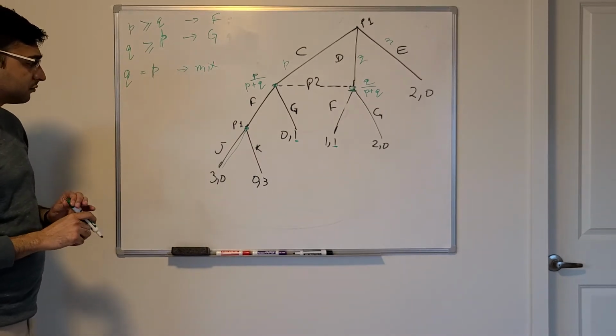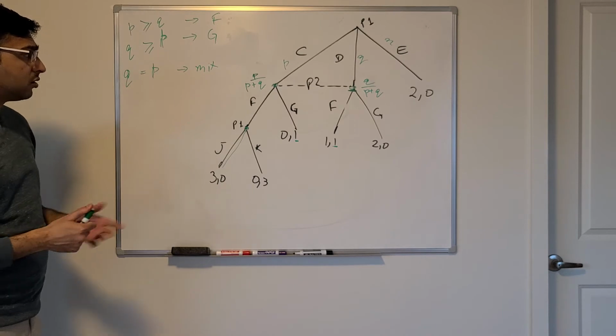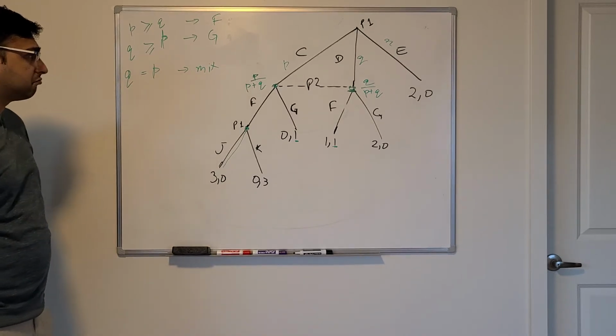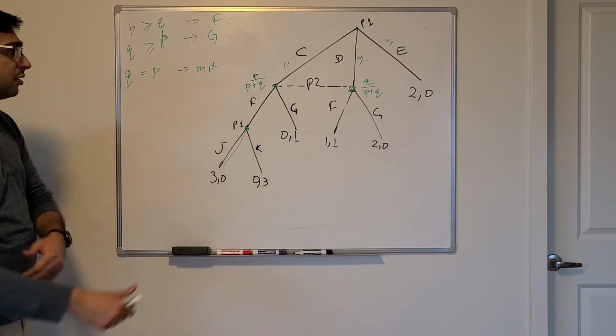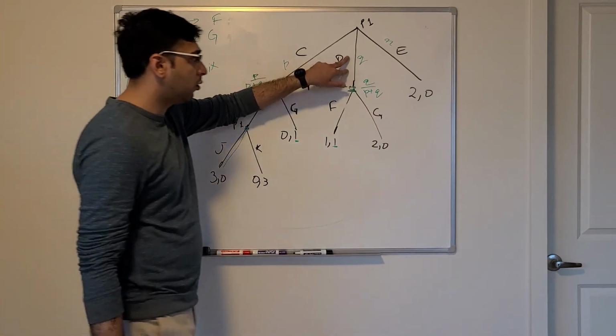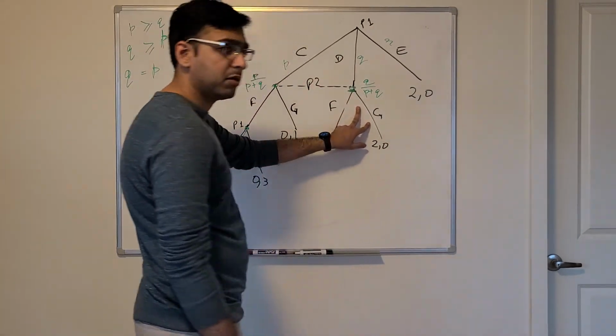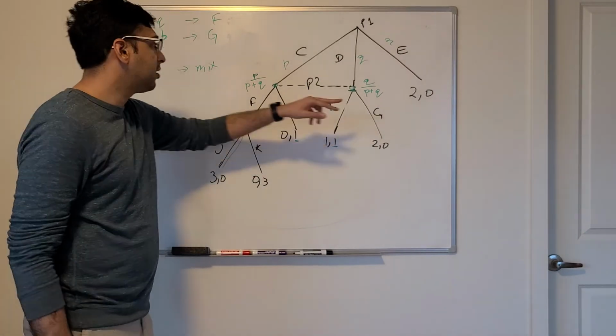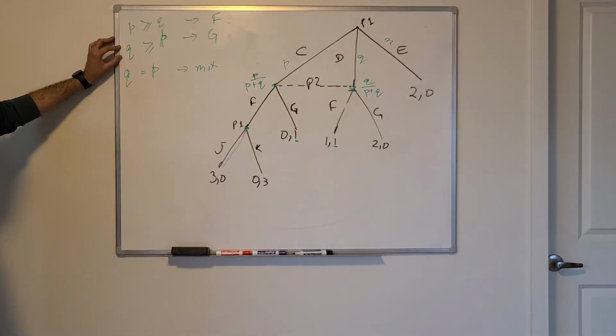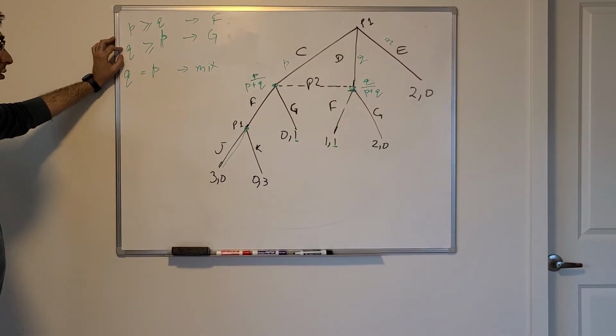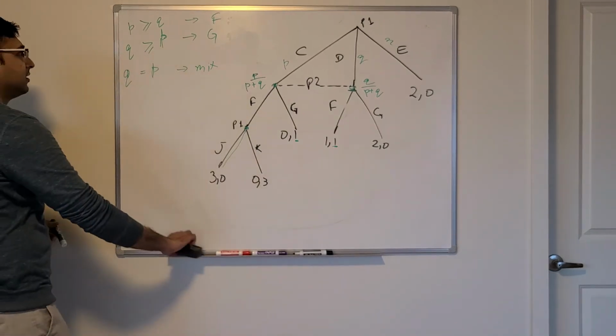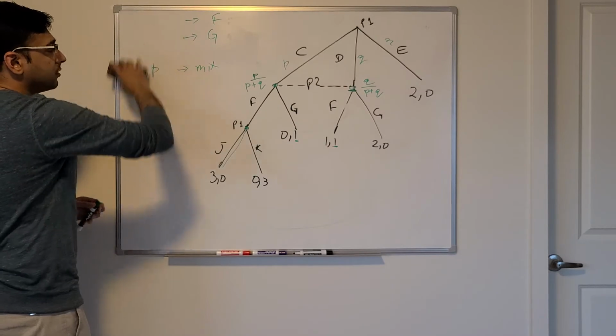So when would player 1 play D, for instance? Player 1 would play D only if player 1 believes that player 2 will play G. Player 2 will play G only if Q is greater than or equal to P. Oh, sorry. Messed this up completely.